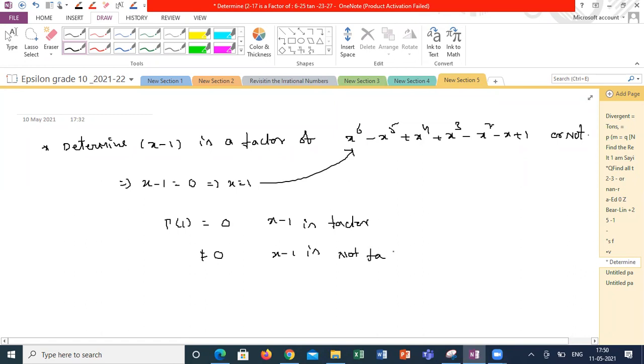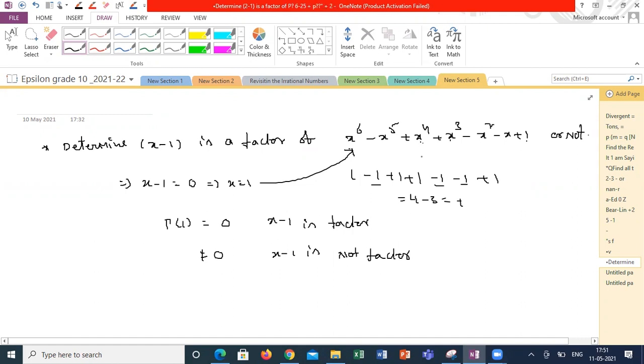What is the answer? 1 minus 1 plus 1 plus 1 minus 1 minus 1 plus 1. What is the answer? Is it 0?